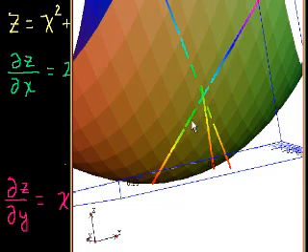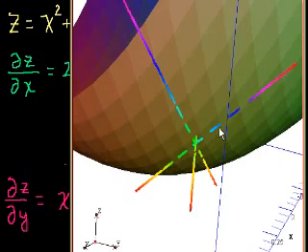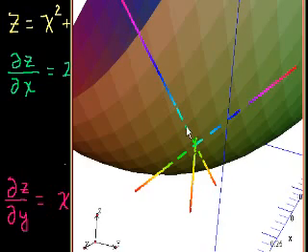This shows that the partial of the function with respect to y, the slope is 0.9. And this line shows that the partial of the function, the partial of z, with respect to x is 0.9 at this point. At the point x is 0.3, y is 0.3, z is equal to 0.27.